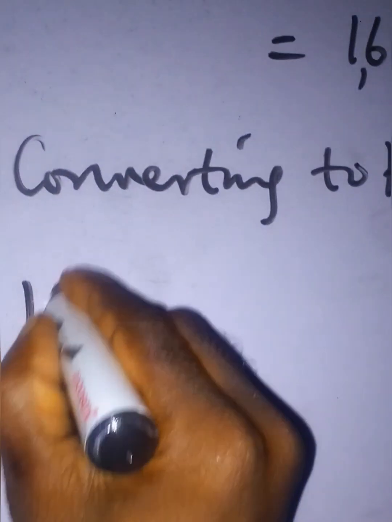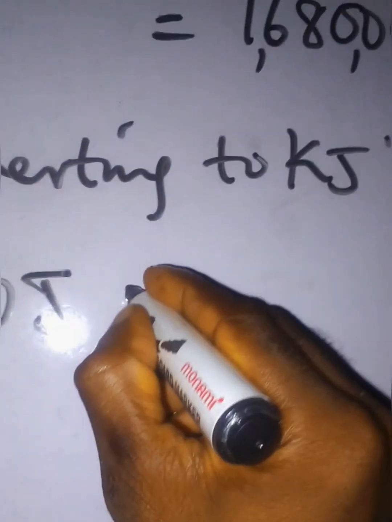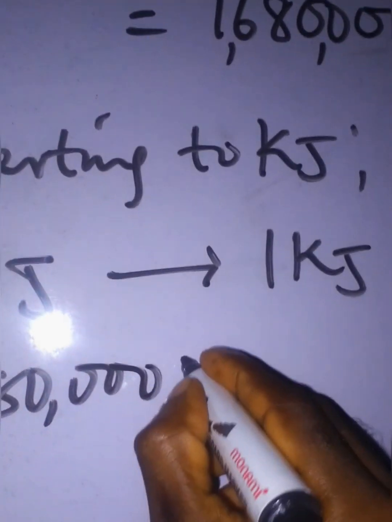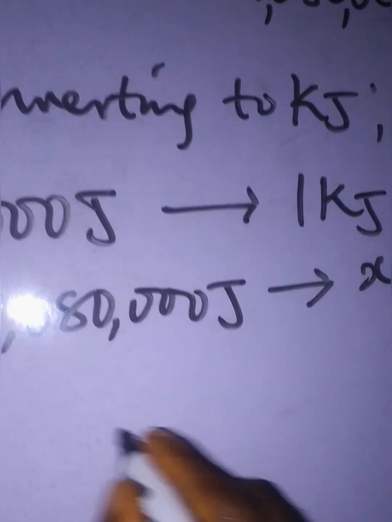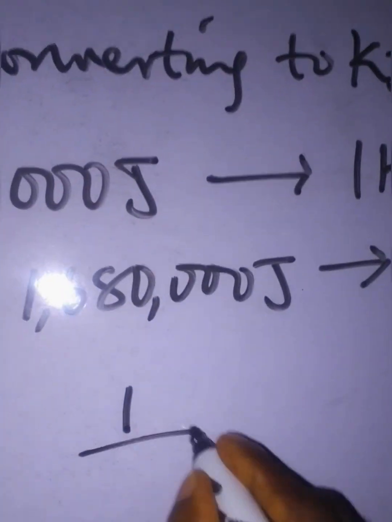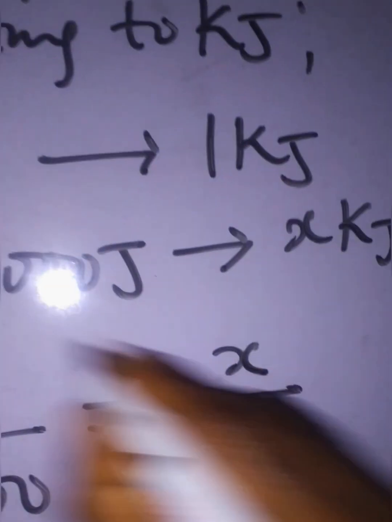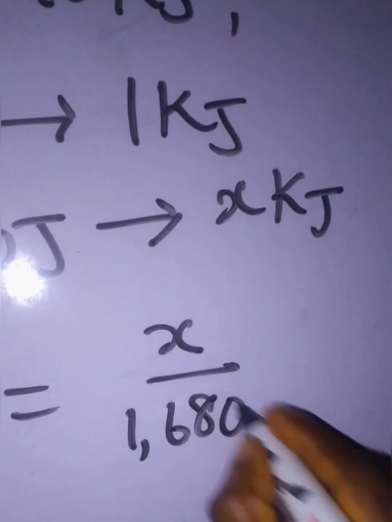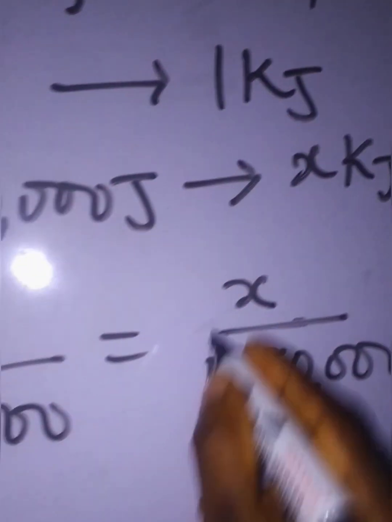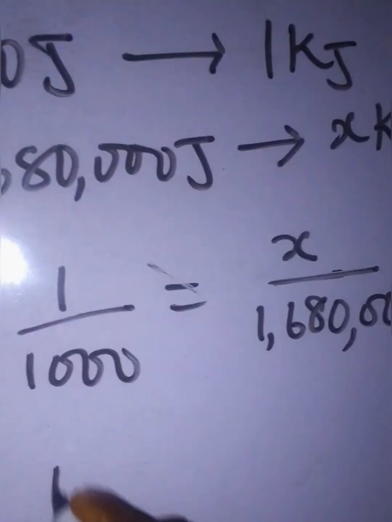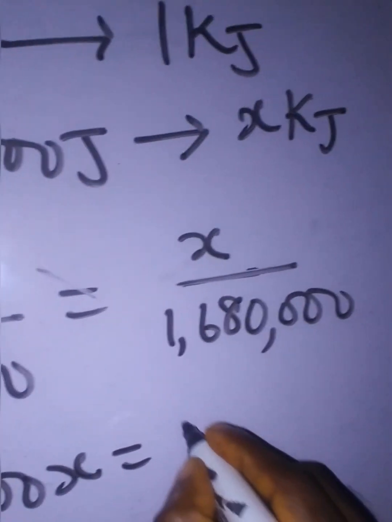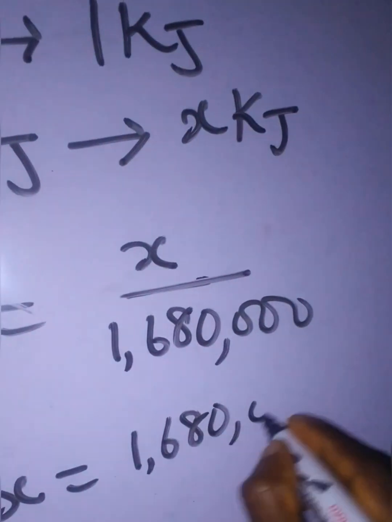You recall that 1,000 joules gives 1 kilojoule. Therefore, 1,680,000 joules will give x kilojoule. So to find x, 1 over 1,000 equals x over 1,680,000. So when you cross multiply, 1,000x will give you 1,680,000.